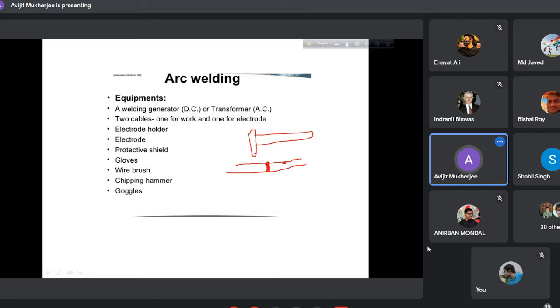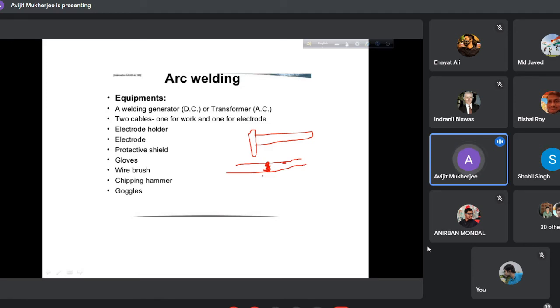Here there is a striking edge made of iron. Strike this portion, and as soon as the hammer is used, some layers will be separated. Those layers are nothing but oxide scales, oxide layers, because the welding is carried out under atmospheric pressure.